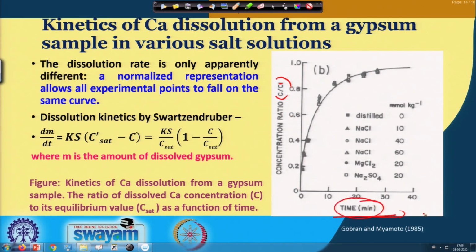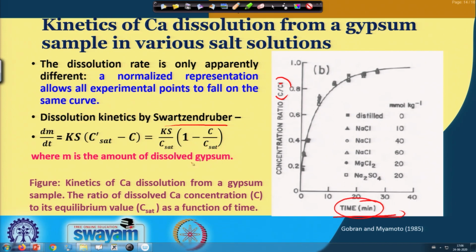So, this dissolution kinetics can be expressed by the formula or the relationship given by Schwartzman, and this relationship basically shows dm by dt equal to Ks multiplied by C sat minus C, equal to Ks over C sat times 1 minus C by C sat.